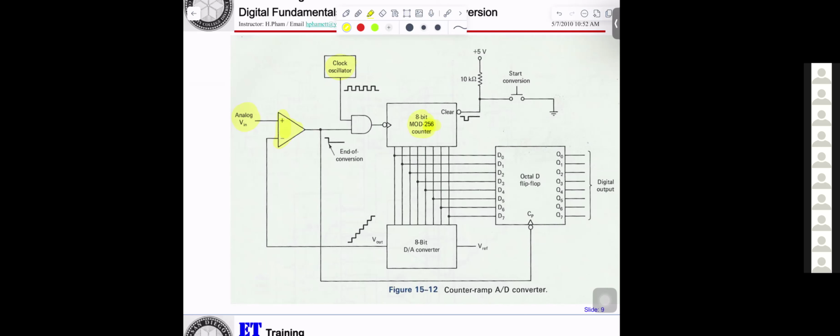Now we can pick an example. I get 4 volt here. I want to see 4 volt analog converting to binary. See what happened. First thing, this is a comparator.